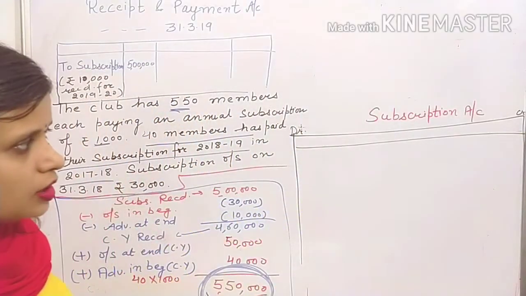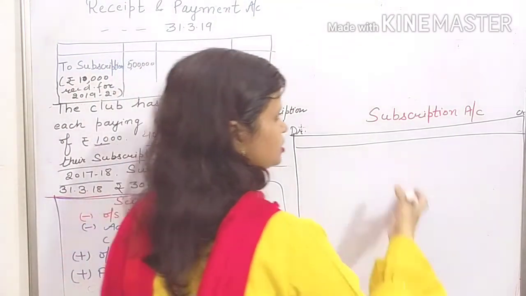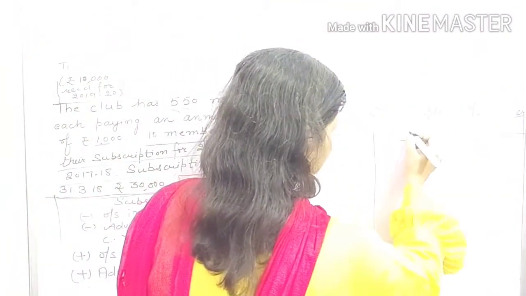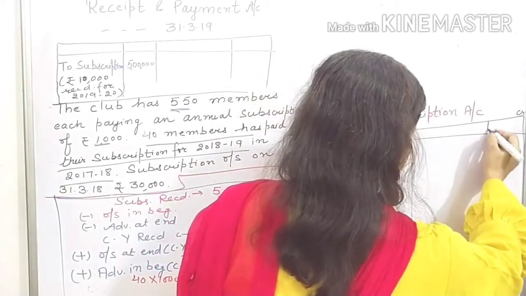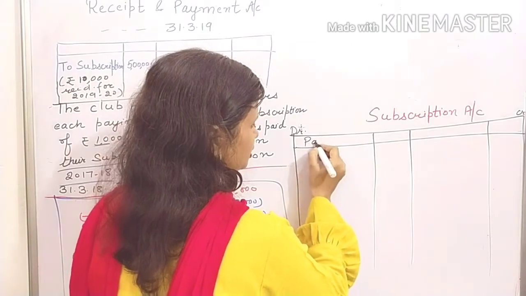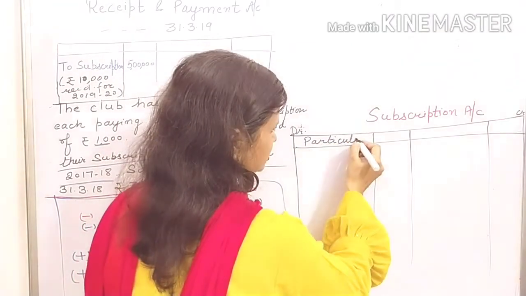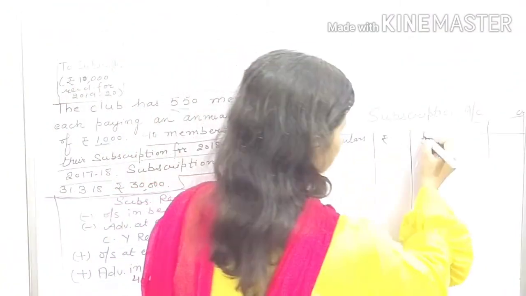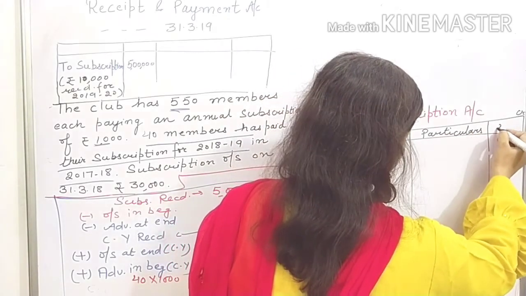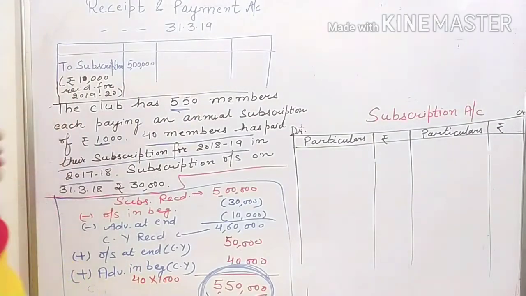You have to prepare the columns: date, particulars, journal folio, amount. Main columns I will show here. I am showing here particulars, amount, particulars, amount. Now, how will you prepare subscription account?